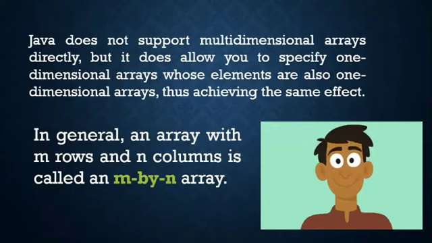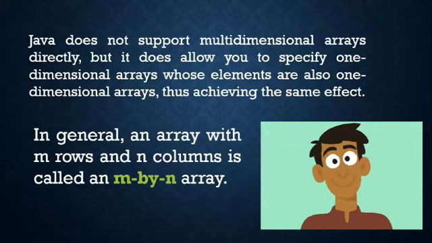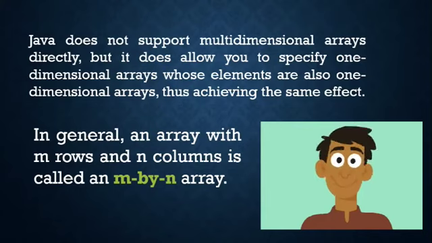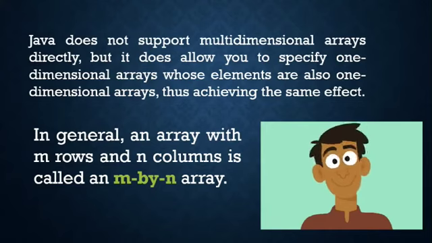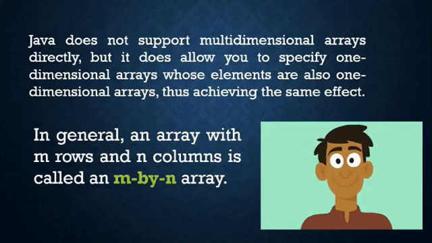In general, an array with m rows and n columns is called an m by n array. So Java does not support it directly as something you just import or that is built in; what Java does is combine those one-dimensional arrays to make a multi-dimensional array.